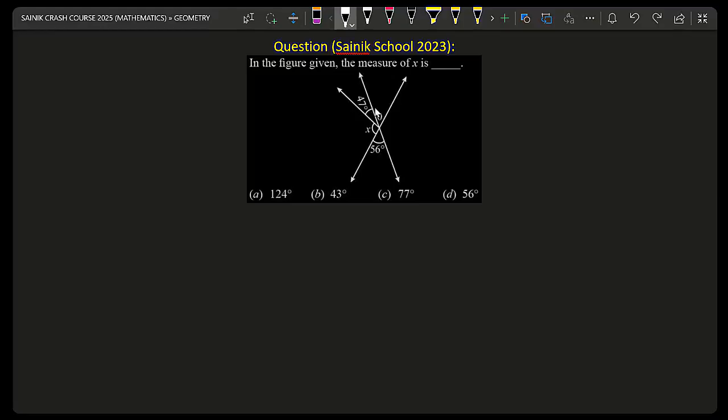Okay, this is 56. What is the property you are using, Vishnu? Vertically opposite angles are equal. Say the statement again. The vertically opposite angles are equal. Yes, that's why it is 56. Next.